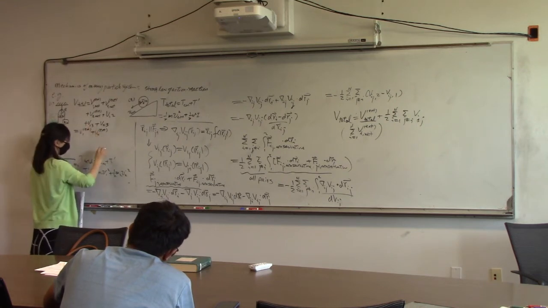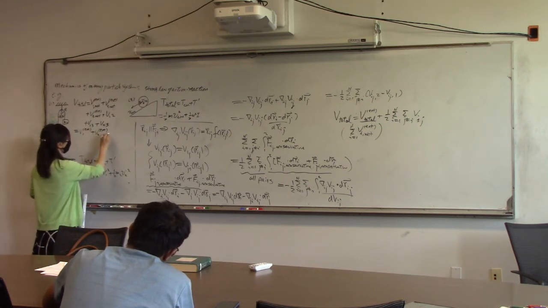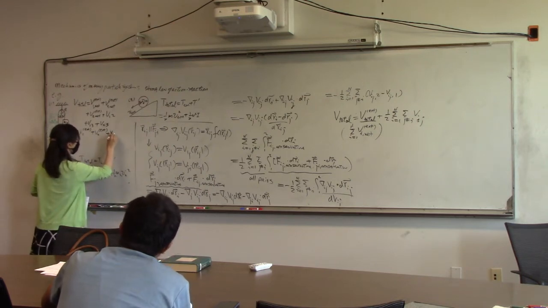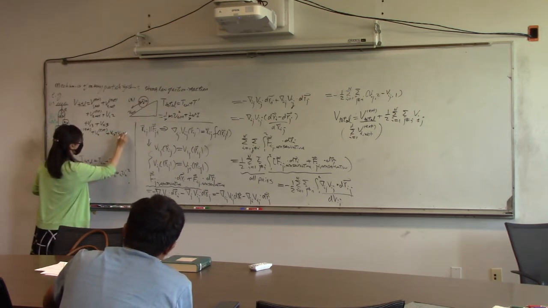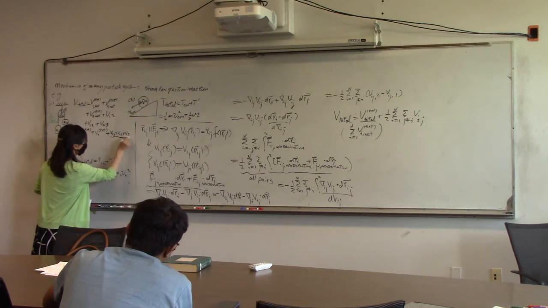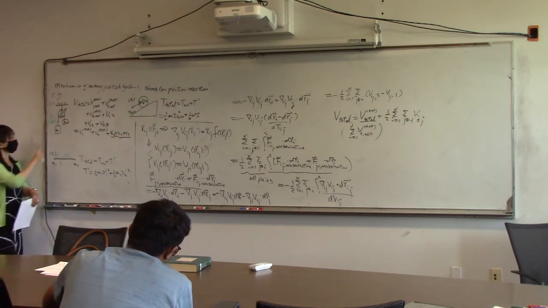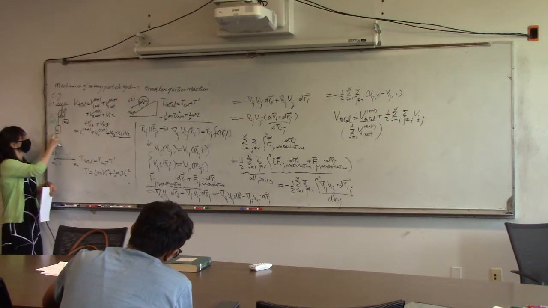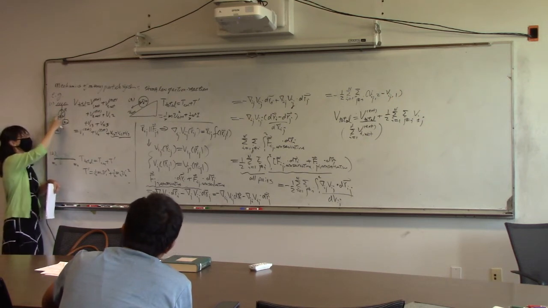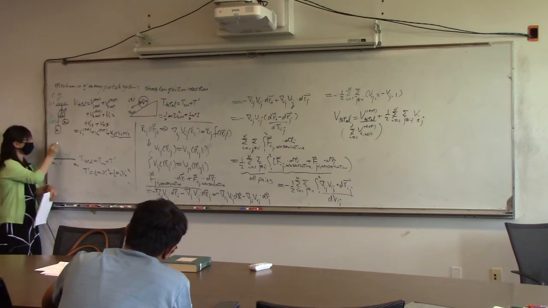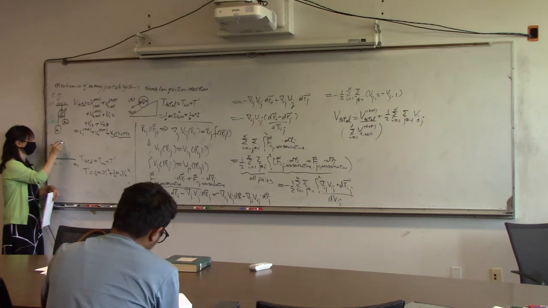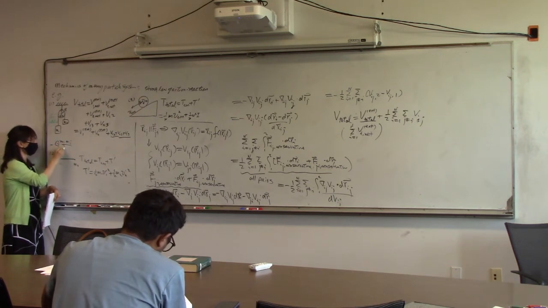And this 3, okay, let me rewrite again. This 3 is what? It is the gravitational attractive interaction between M1, M2, or M1, M3, or M2, M3, right? That is something like minus G Mi Mj over Rij, right?